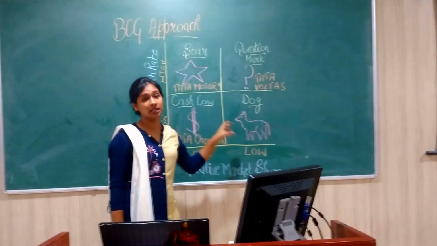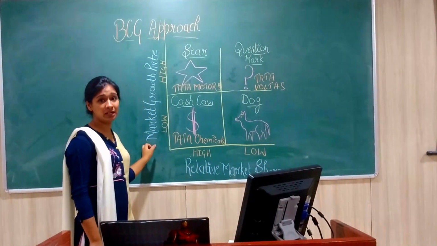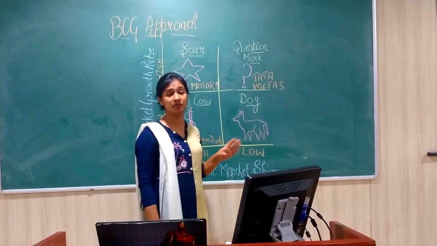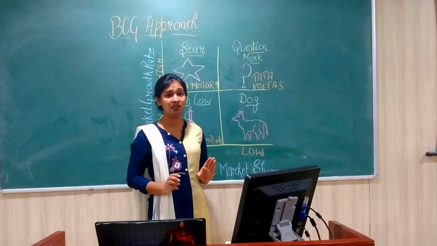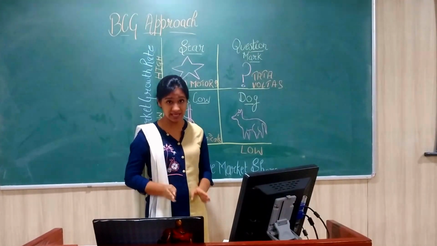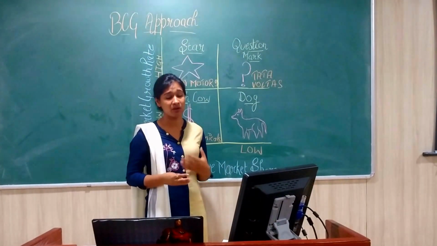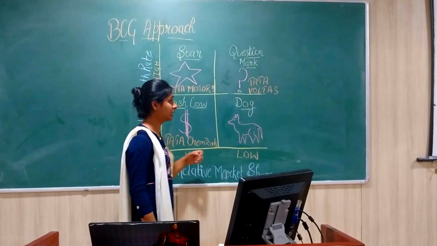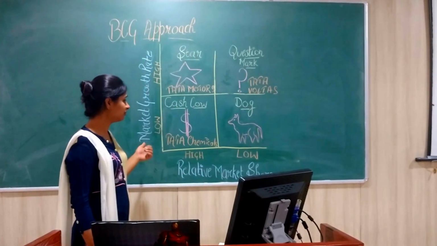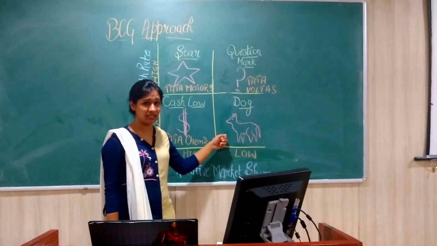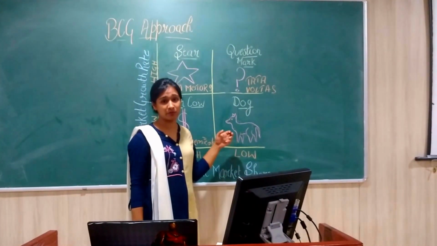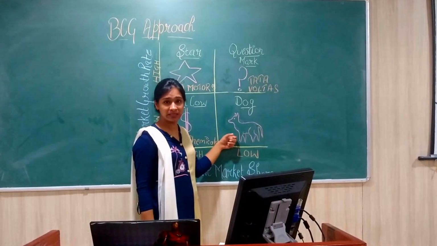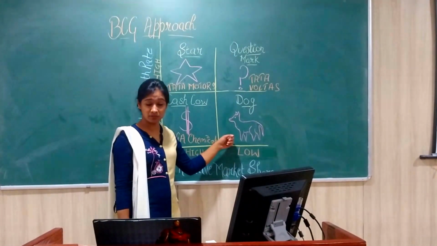The next quadrant of the BCG matrix is dog. In dog, the market growth rate is very low and your relative market share is also very low, because of which you end up with very little profit or losses. I didn't find any example of the Tata Group in the dog category, which is why I'm not taking an example here.